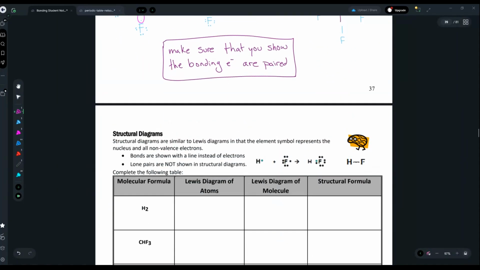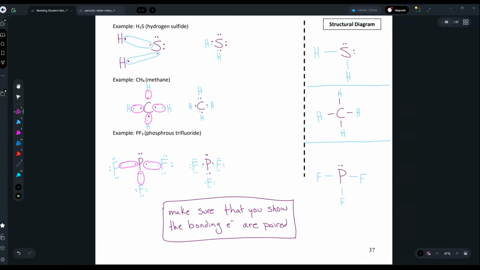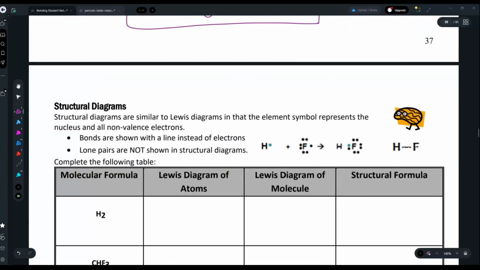As we've already seen on the right hand side here, the structural diagrams are pretty similar to Lewis diagrams in that the element symbol represents the nucleus and all non-valence electrons.